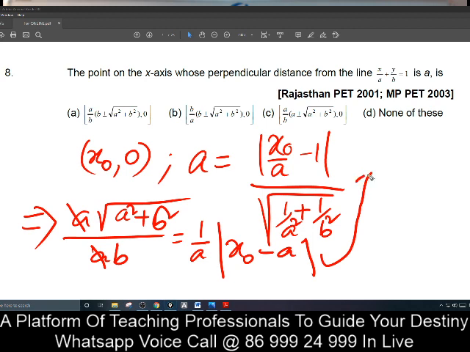This is to be simplified. From this one, you get x naught is equal to, transfer this a to the other side, a by b, remove the modulus, a by b into, this is plus or minus you will get if you remove the modulus.